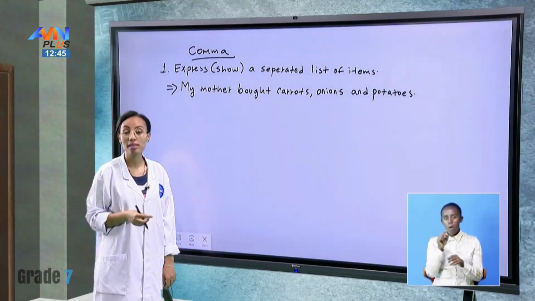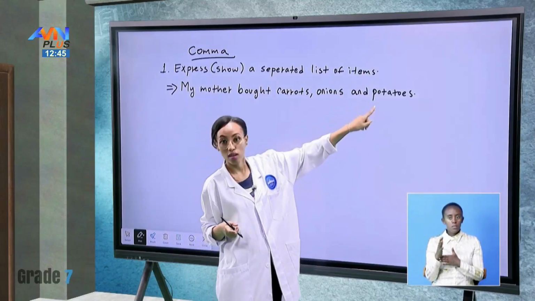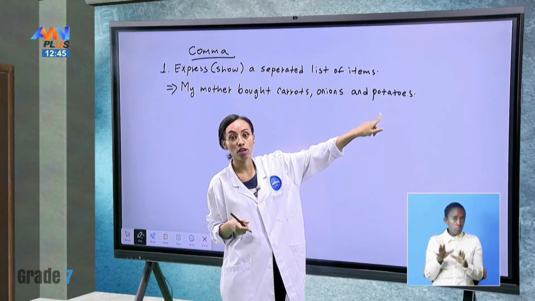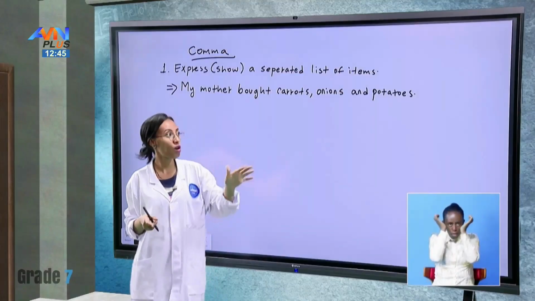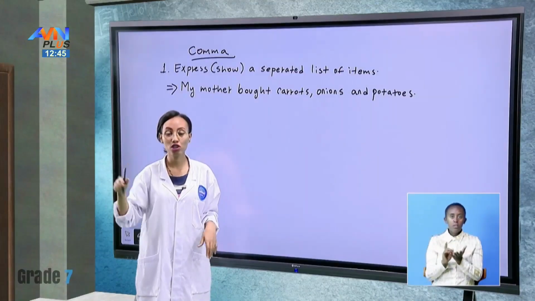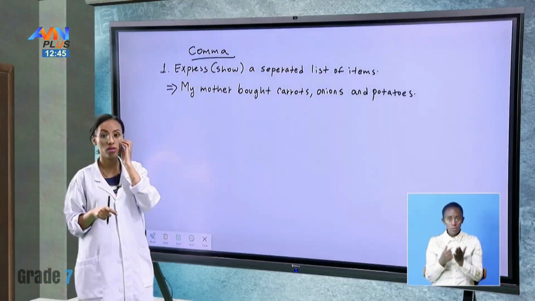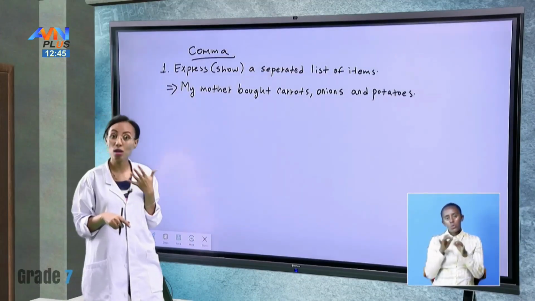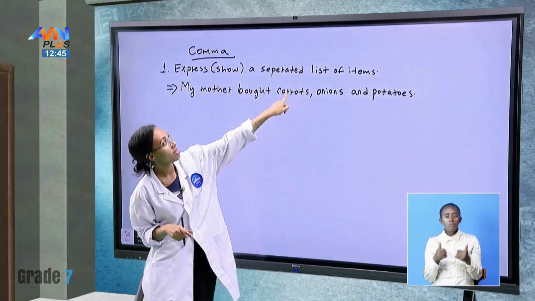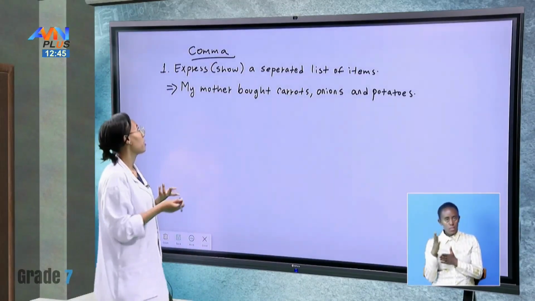Comma to separate lists of items. For example, if we didn't stop here with potatoes, and if we added tomatoes and cabbage and so on, we would still be continuing with commas. So we use a comma to express or show or even separate what? A list of items, okay? A list of items. Another example.